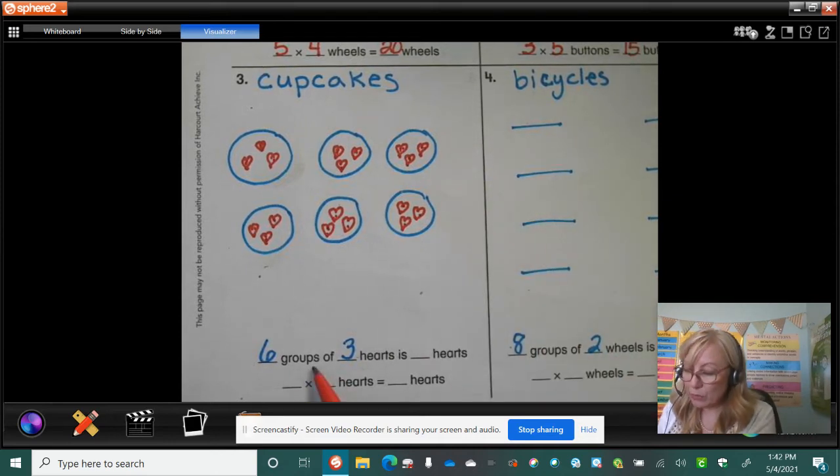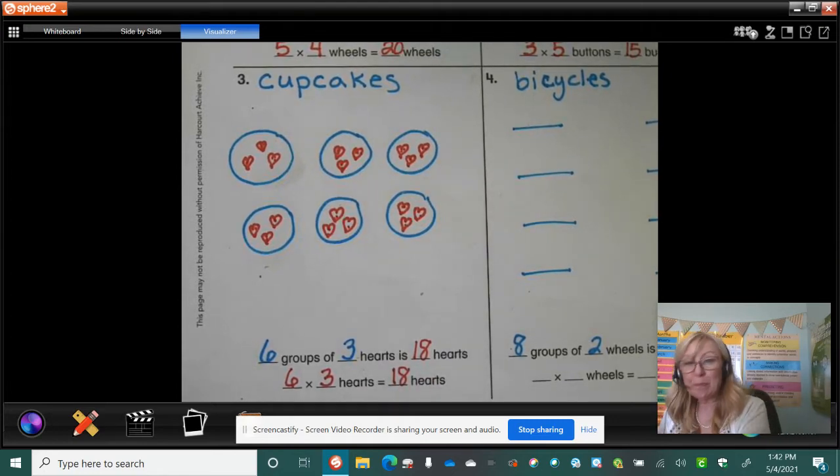So 6 groups or 6 cupcakes of 3 hearts is 18 hearts. 6 times 3 equals 18.